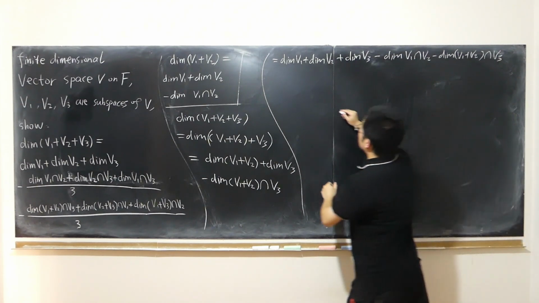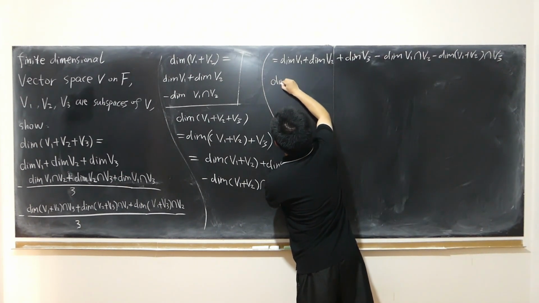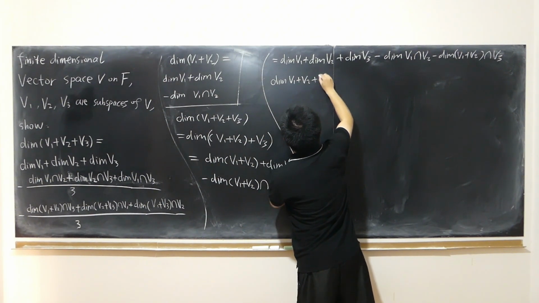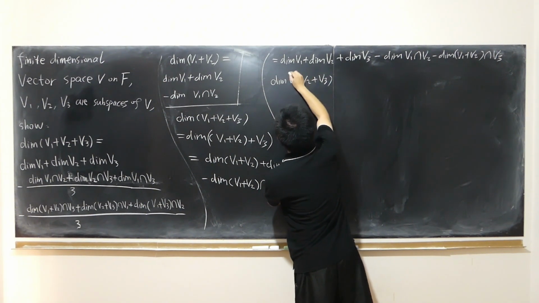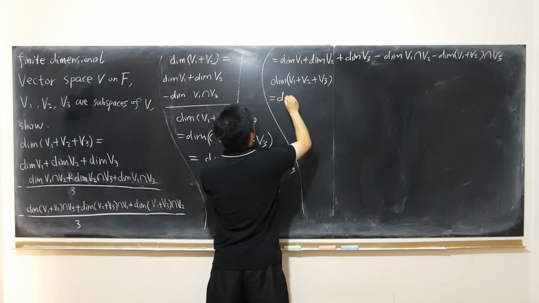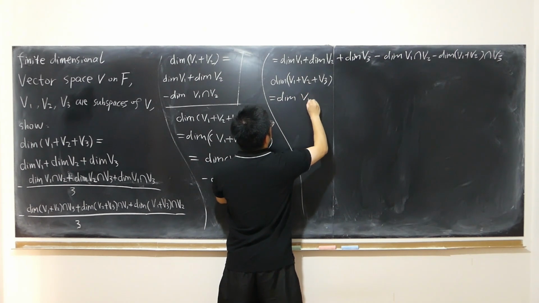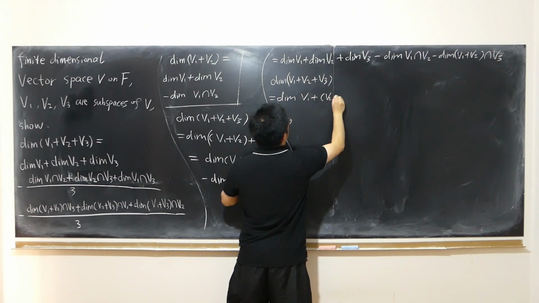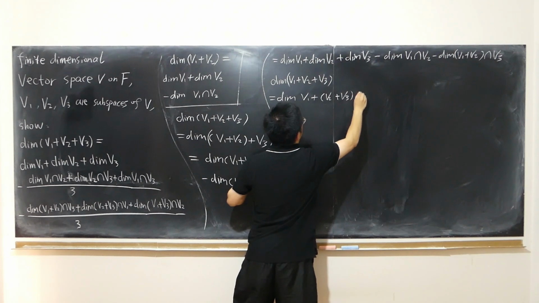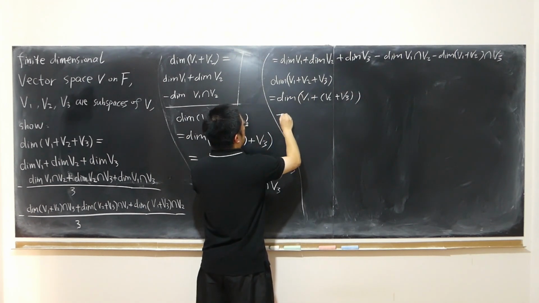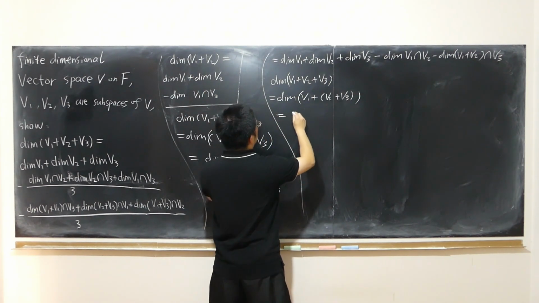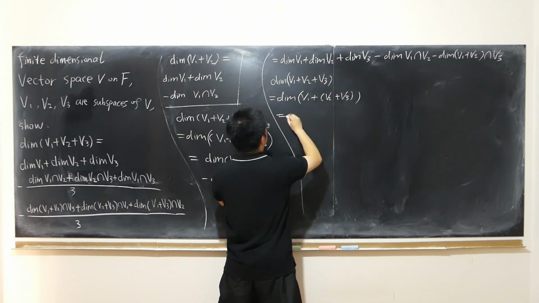Okay, then we're going to rewrite the dimension of V1 plus V2 plus V3 into the dimension of, do V2, V3 first. V2 plus V3, associative. Again, apply this. Treat this as a whole entity.